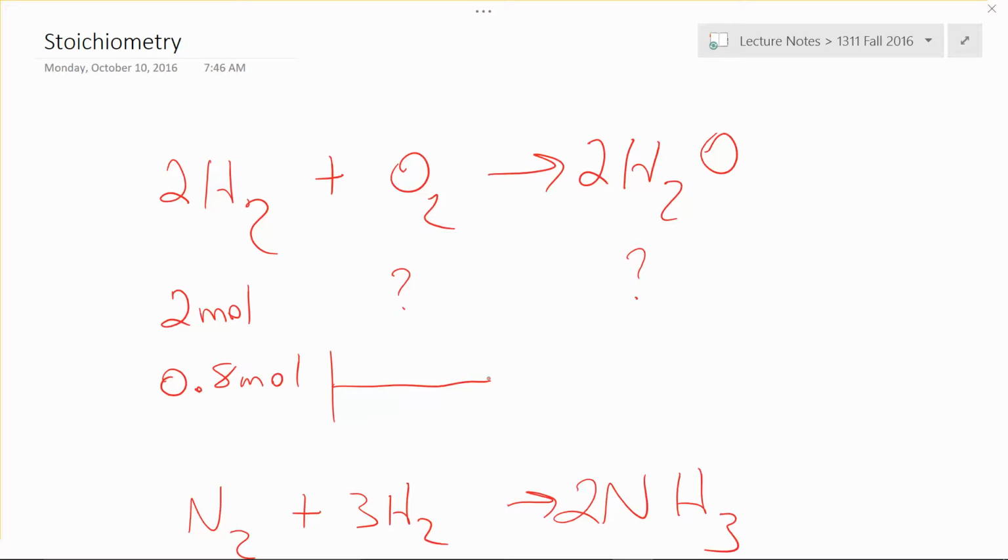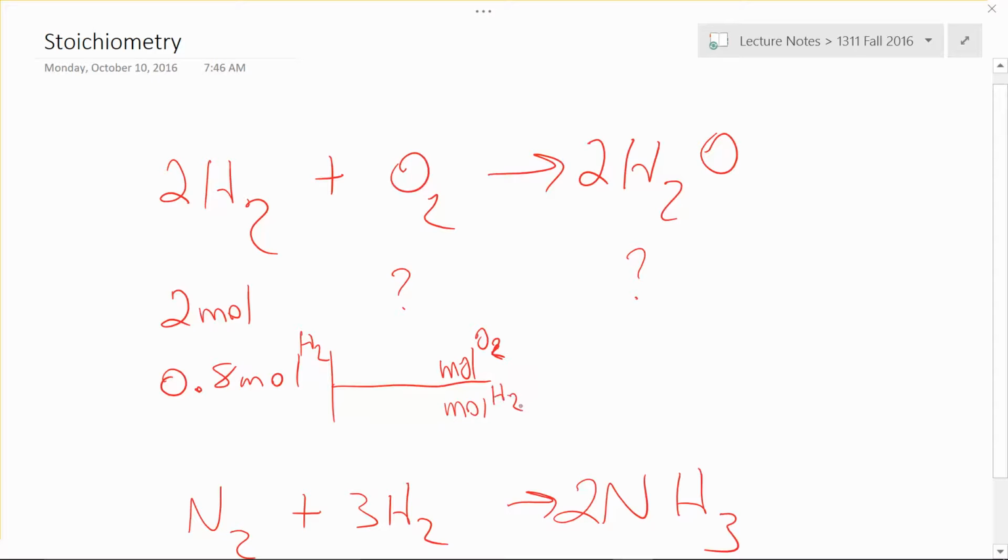I am starting with 0.8 moles of H2. And I want to know how much oxygen will react with that. So I'm going to say moles of oxygen. That's what I want to get to, right? What am I getting rid of?